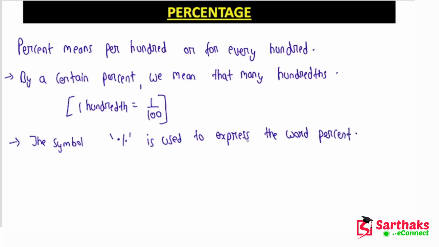Okay, so we use this particular symbol to express the word percent, but what percent actually means? Per 100. Okay, that is percent. Cent actually means 100. Okay, that is another word you can say for 100. For example, you have seen about centimeter. Centimeter is what? It is 1 by 100th of a meter. Okay, so in that way you can take it.